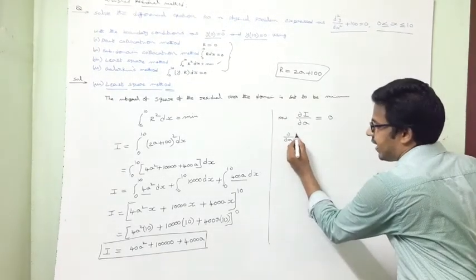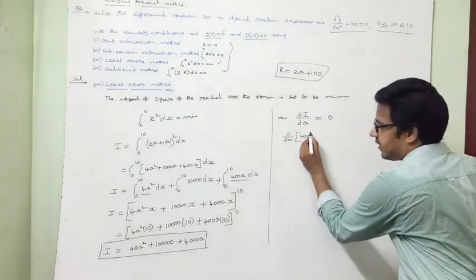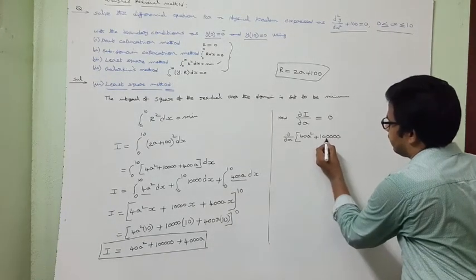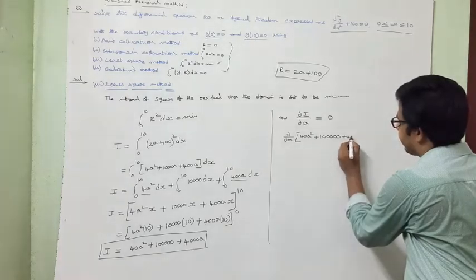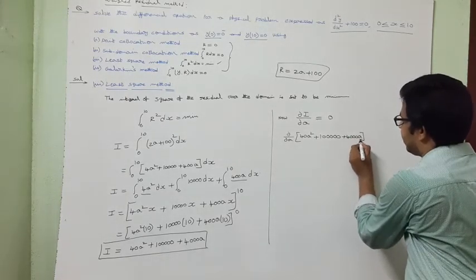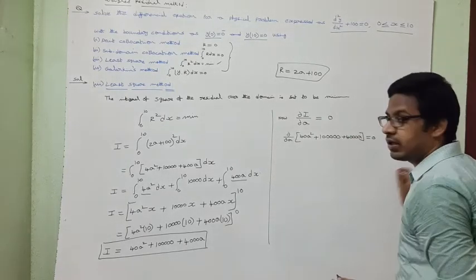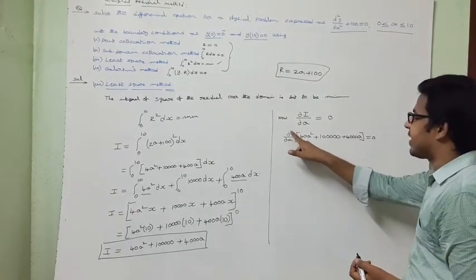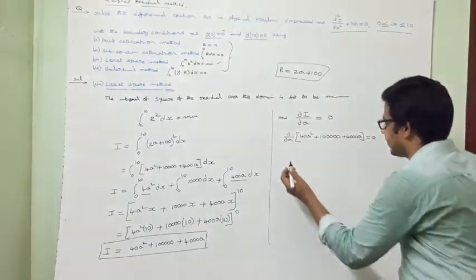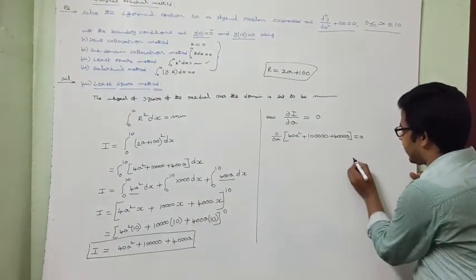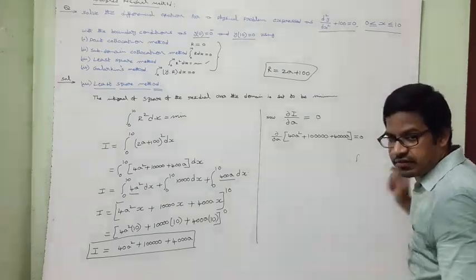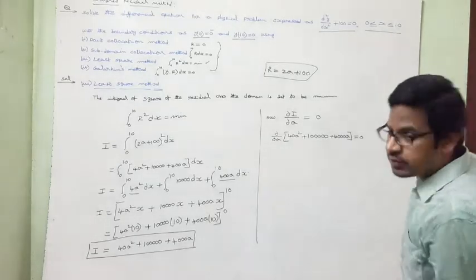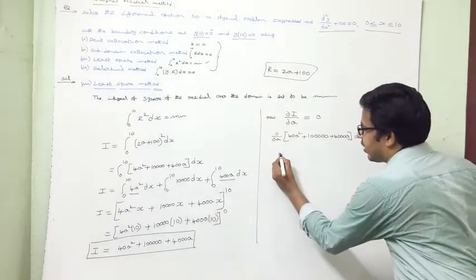Dou by dou a of (40a square plus 1 lakh plus 4000a) is equal to 0. Here, partial differentiation with respect to a. 40 is the constant term.